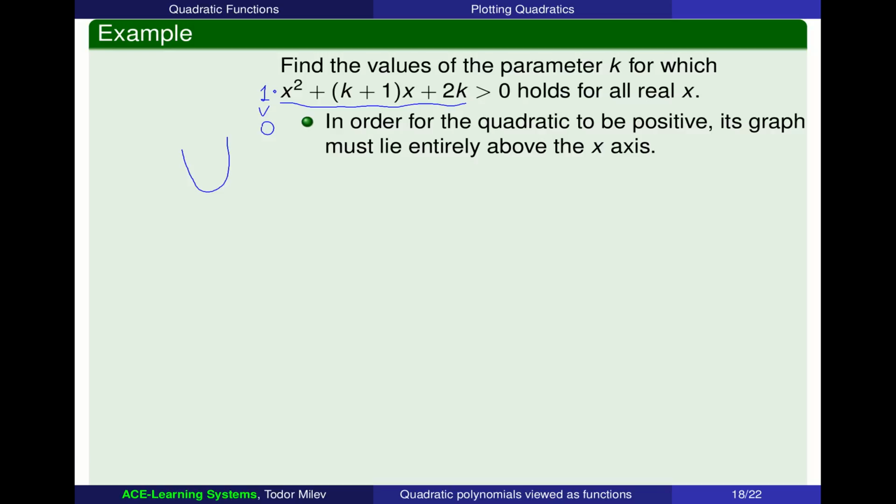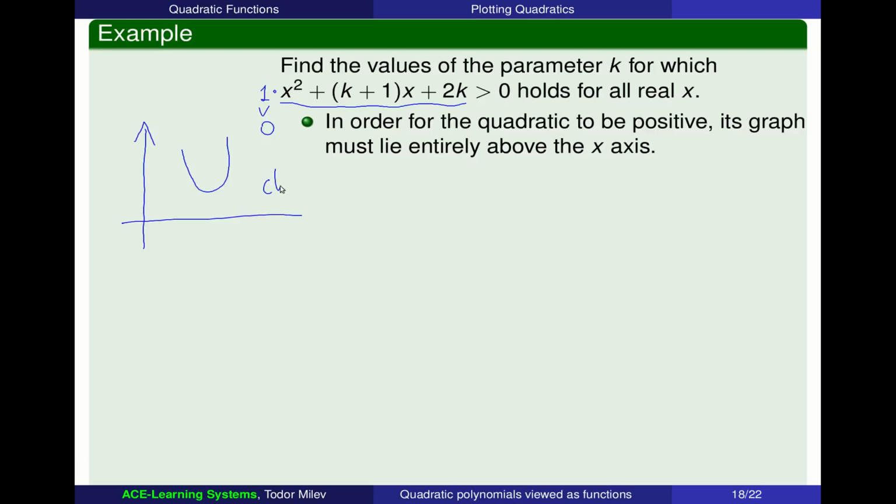If a parabola opens downwards, it always attains negative height. But the leading coefficient here is positive, so it is possible that we can choose the parameter k so as to make the graph of this function lie entirely above the x-axis.